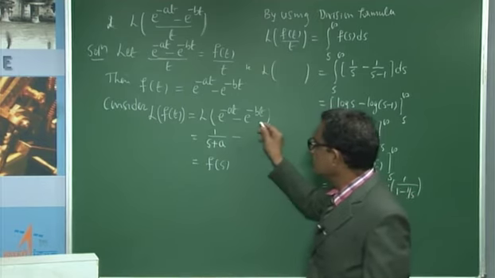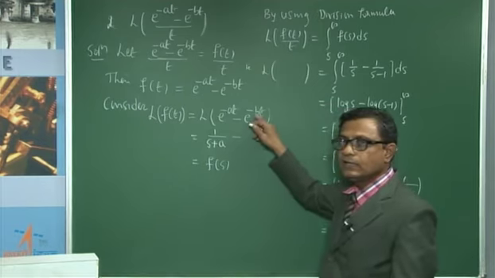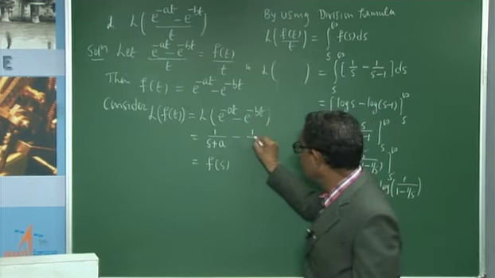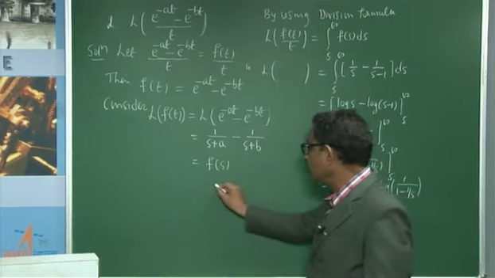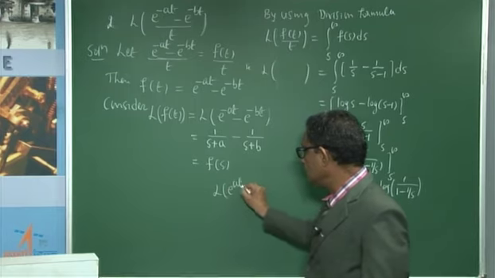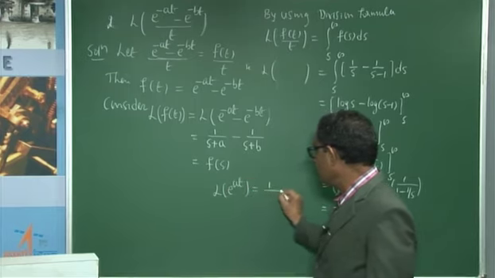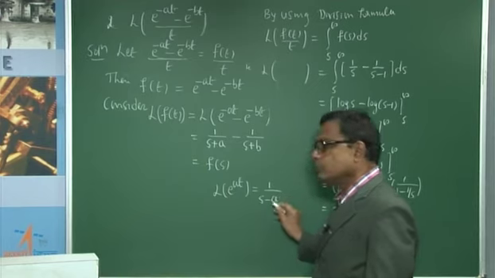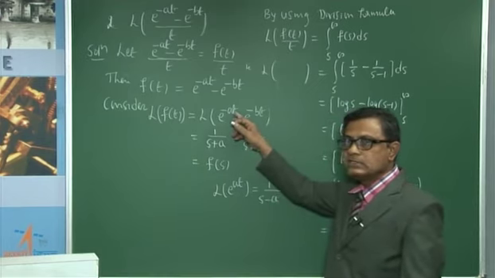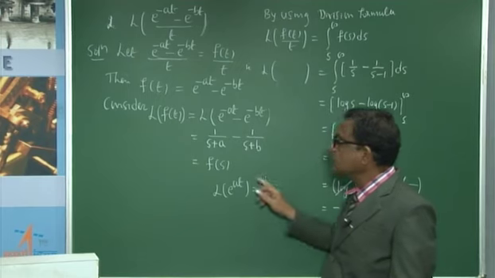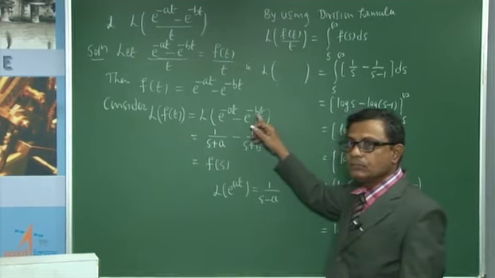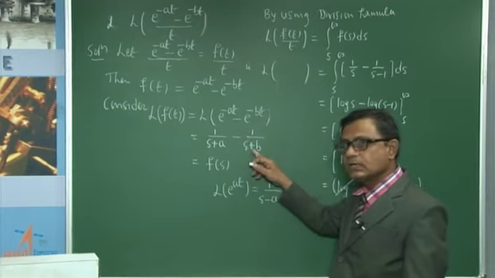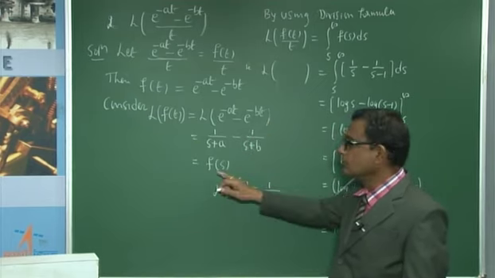Then minus again second term L of e raised to minus bt, formula 1 divided by s plus b. We know the standard formula L of e raised to at is 1 divided by s minus a. In place of a, here it is minus a, minus into minus becomes plus a. Similarly here it is minus b, minus into minus becomes plus b, s plus b, that is equal to your F of s.